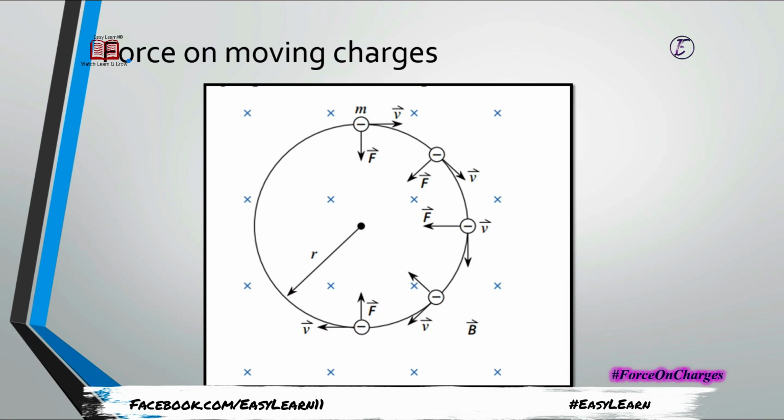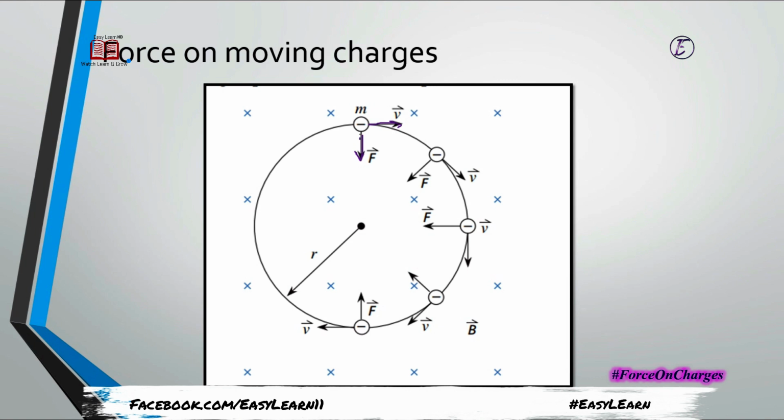It will adopt this path, that is, circular motion. How does this happen? Suppose this is m, any charge, any mass, a negative charge, and it is trying to move in this direction with constant v, but a strong magnetic field is applied. Then a strong force will be experienced, applied at a right angle.